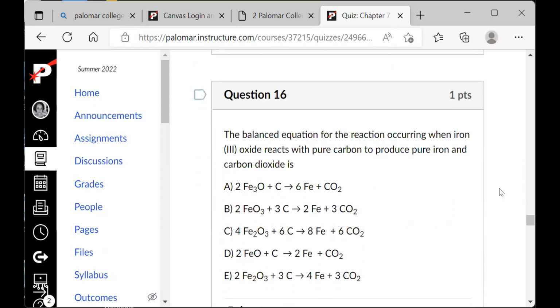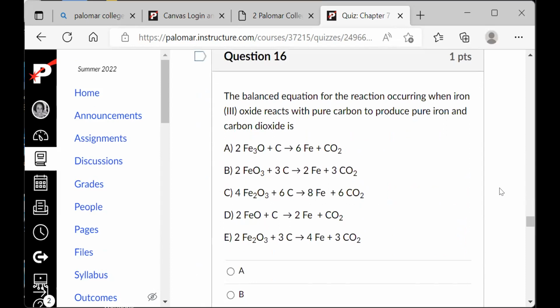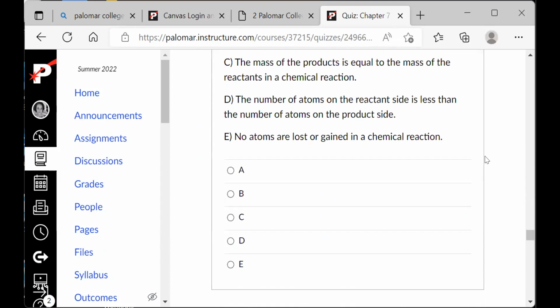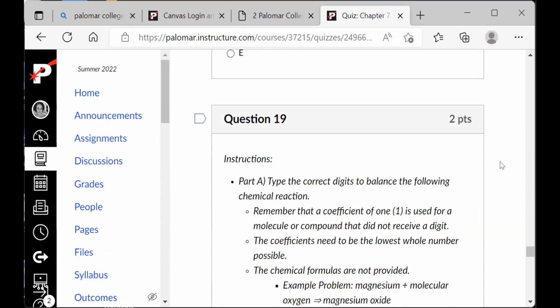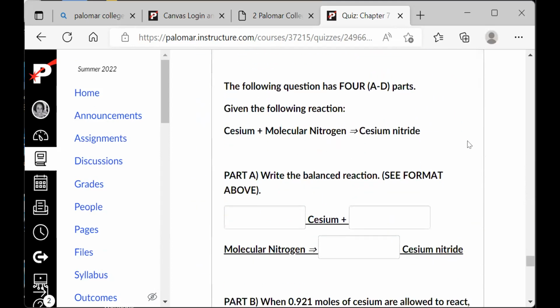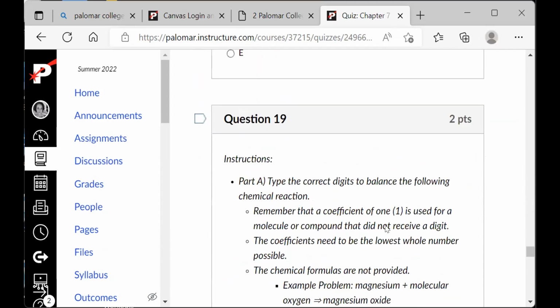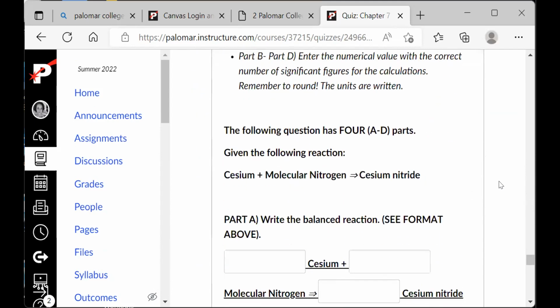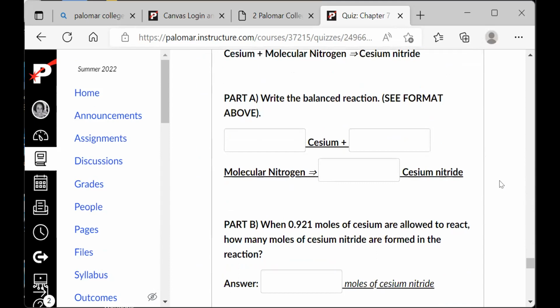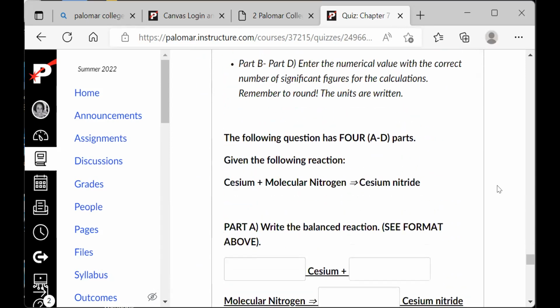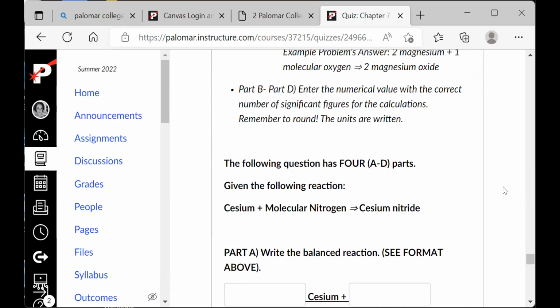This is just a reaction in words. Yeah, this is just coefficients. I think this is question 19 in the chapter quiz, which we also have an example of in the extra credit. This question, you guys, make sure that you practice. There is a question similar to this that you need to encounter.